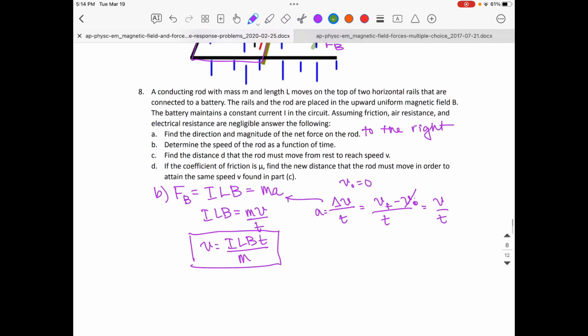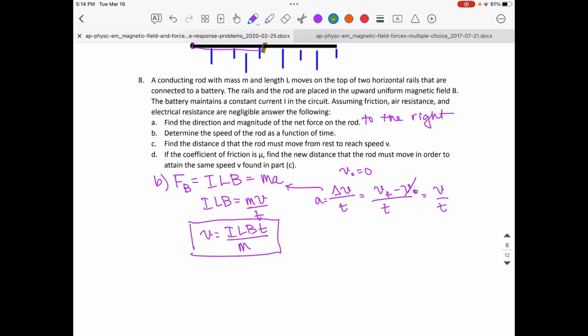For C, we want to find the distance the rod must move from rest to reach speed V. Originally, I wanted to plug in this equation for speed into my solution, but they just want you to leave it in terms of V. So in this scenario, to find distance, we're going to use a kinematic equation. Our initial position is 0.